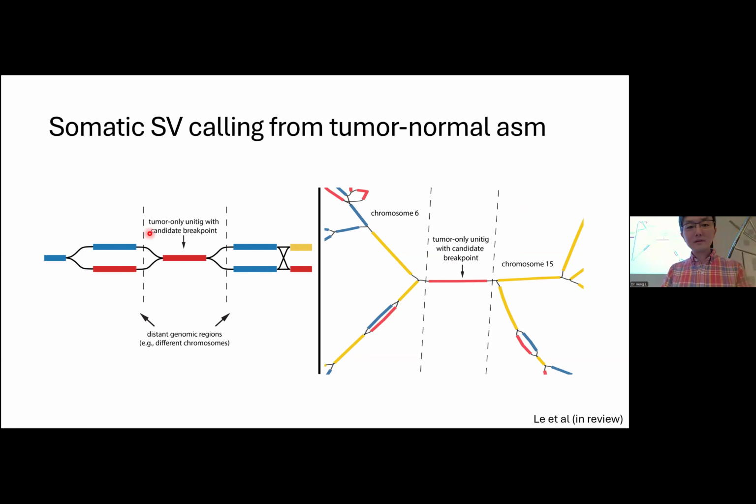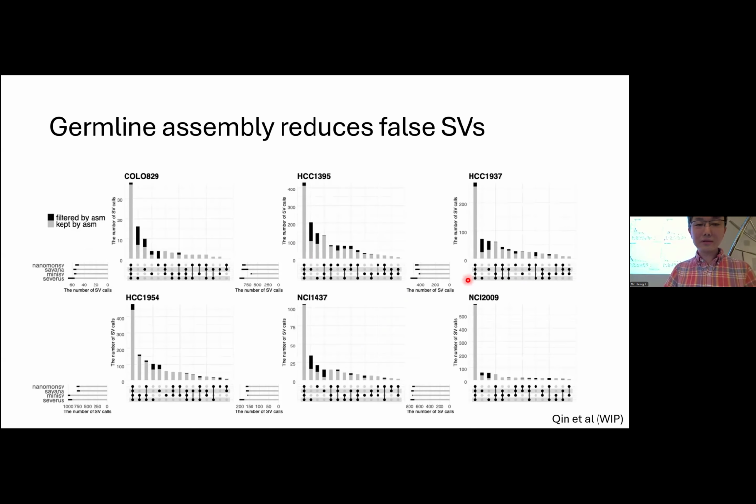This is a schematic graph, and this is a real graph. And we can see here there's a translocation between them, and it's connected by this unitig. And so we know there's a translocation. We can use this information to do the translocation calling better.